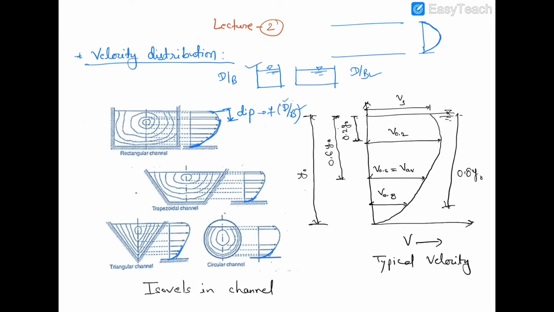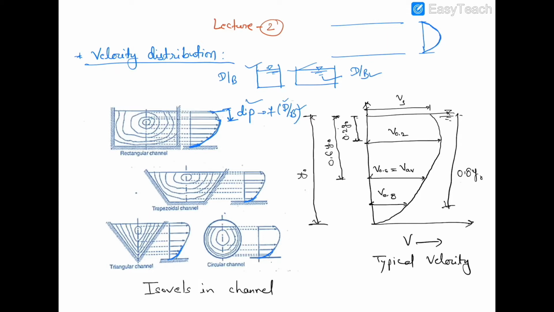But here we will see the magnitude of dip will be more in case of narrow channel and the magnitude of dip will be less in case of wider channel, and both have the same depth of flow. Clear?